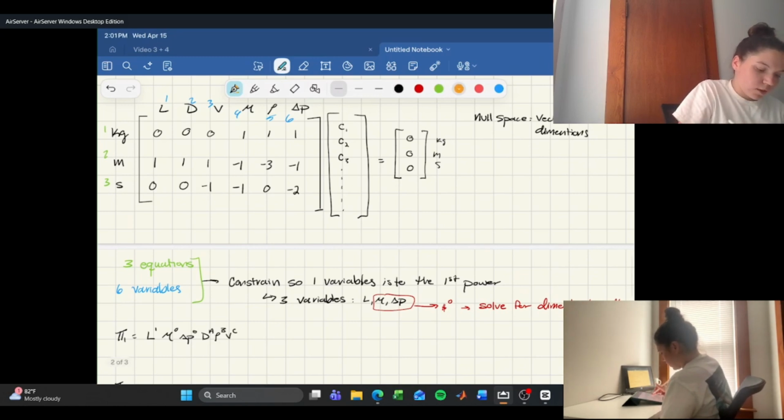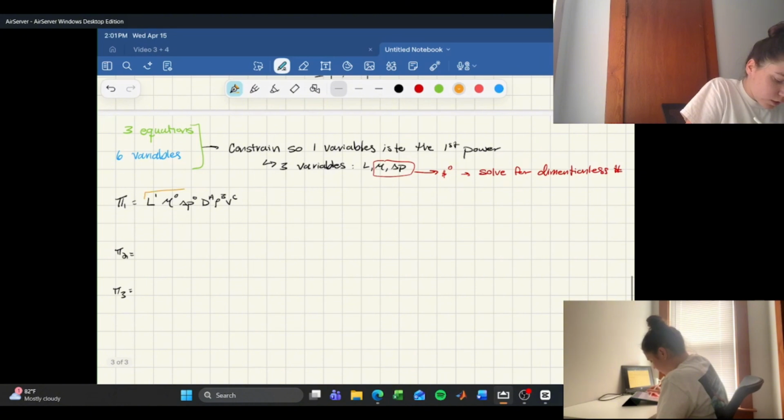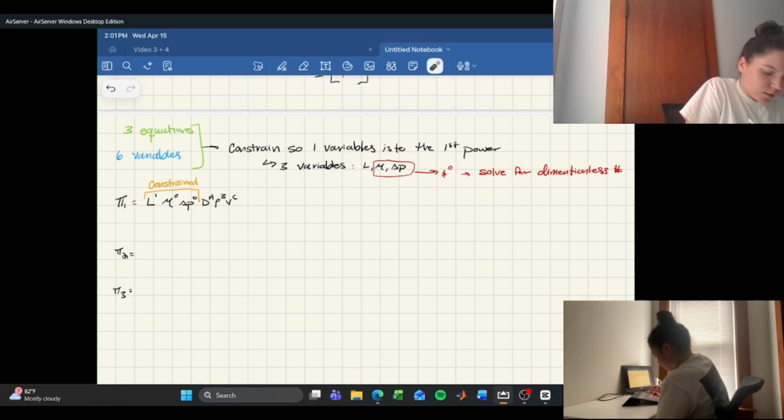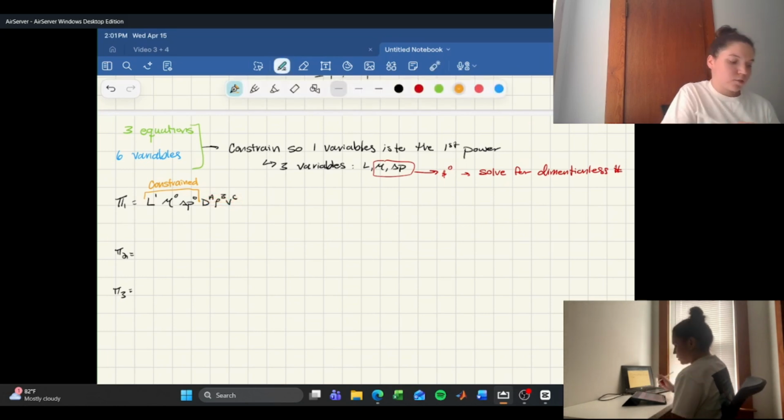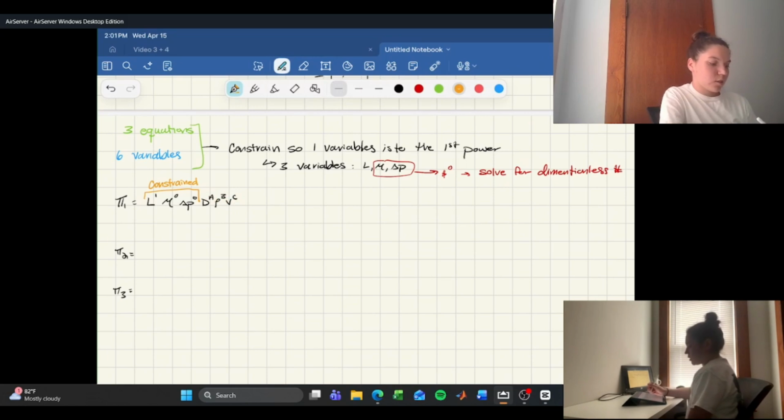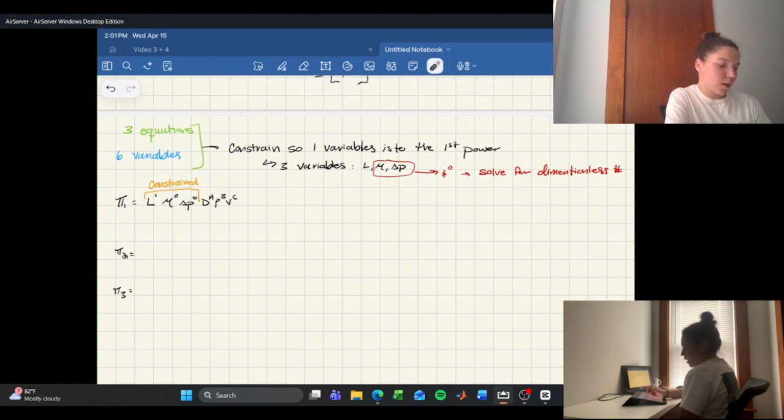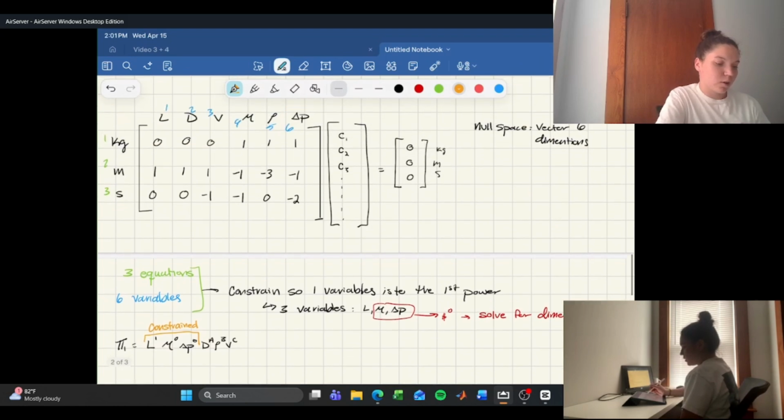So these 3 variables are the ones that we constrained. And that means that A, B, and C, whatever these values are, they have to adapt to the constraints that we implemented. That way this pi 1 becomes a dimensionless number, to have all the dimensions cancel out to be 0, like we set up here.